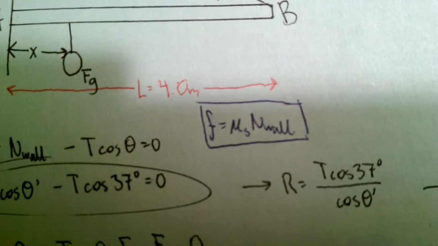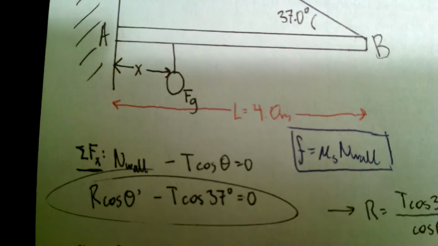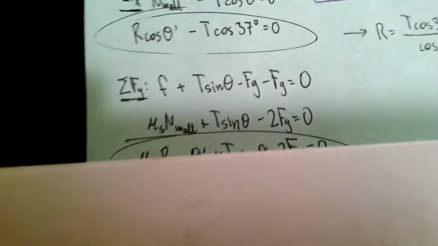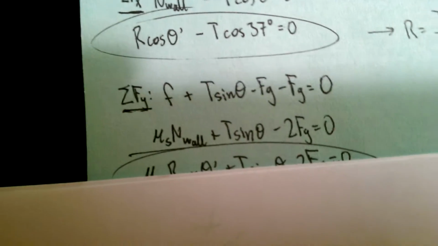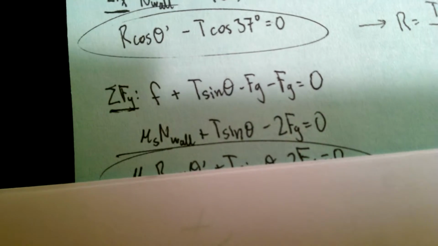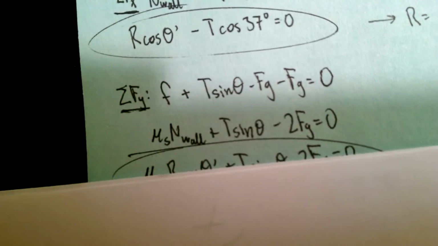And friction is equal to the coefficient of friction times the normal force, and the normal force in this case would be the normal force from the wall. So if you substitute that in for F, you get mu s, normal force of the wall, plus T sine theta minus 2Fg.